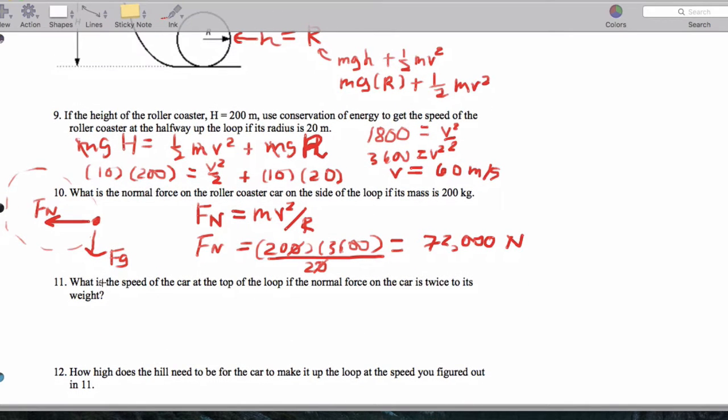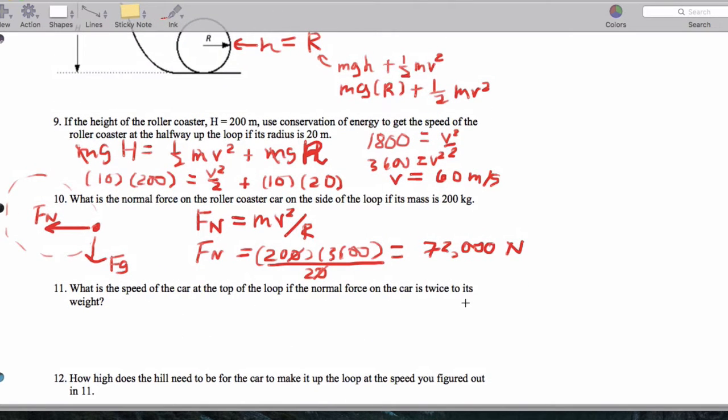Now we want to know what is the speed of the car at the top of the loop if the normal force on the car is twice its weight. So let's be clear. At the top of the loop, we're going to have Fn and Fg. So now we're dealing with here.